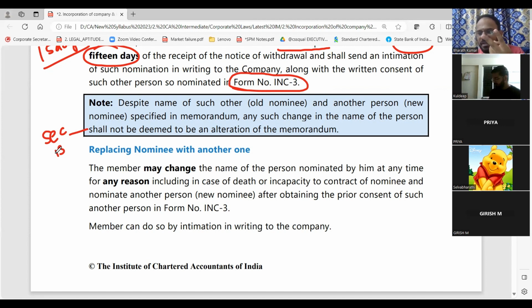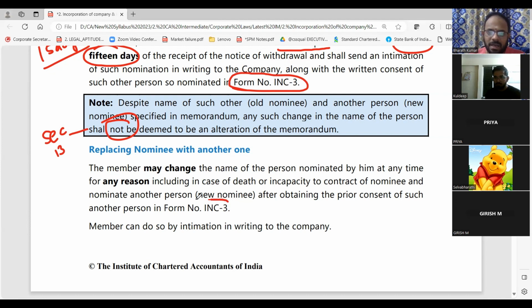Only 2% are there. If you keep on altering MOA, you will only be altering MOA for your lifetime. That's an easy way to understand that. Please don't consider that as alteration of memorandum. I have not colored anything. I have told it is not deemed to be an alteration. Remaining and all I am not even touching.